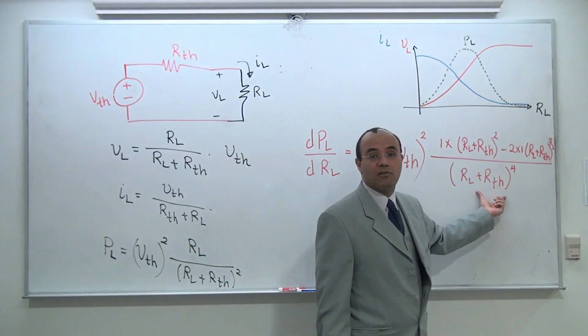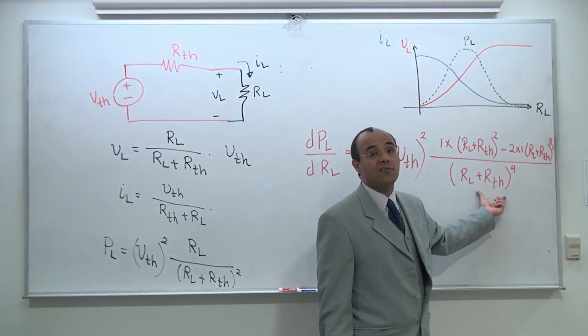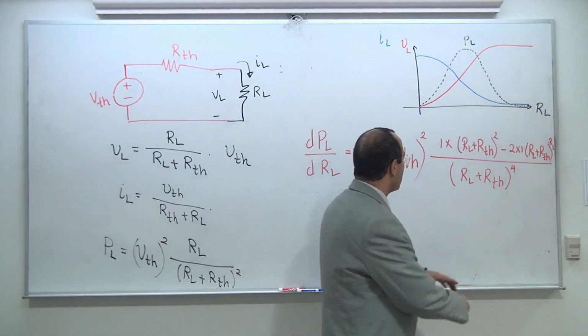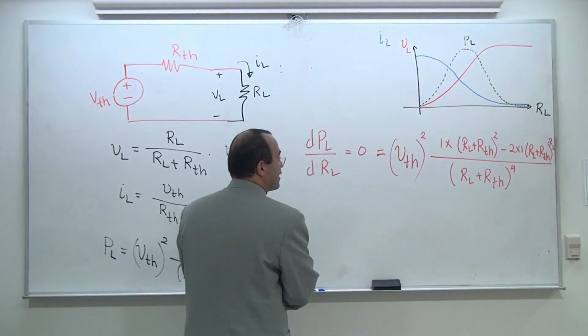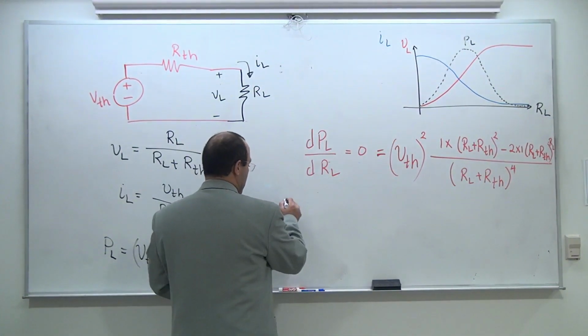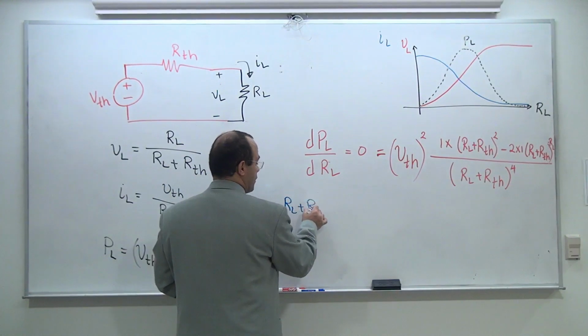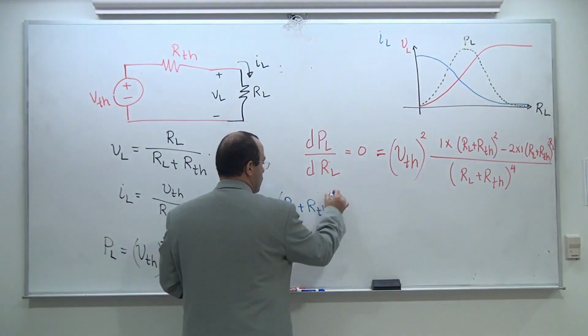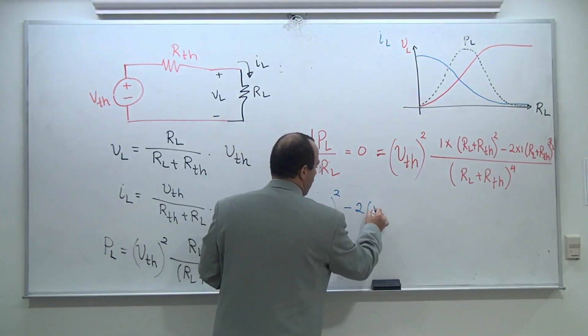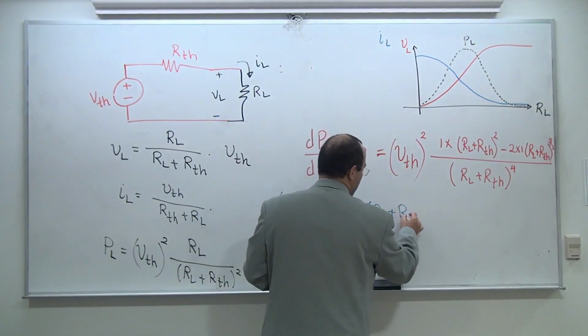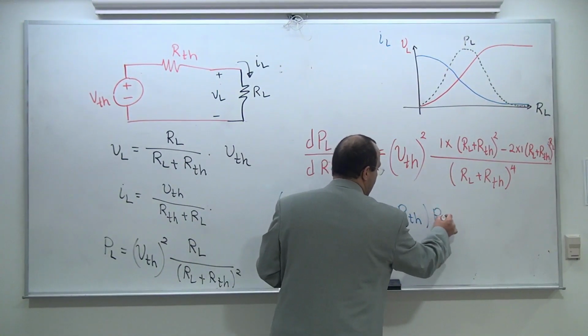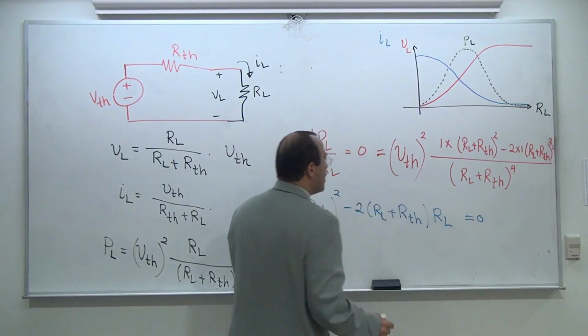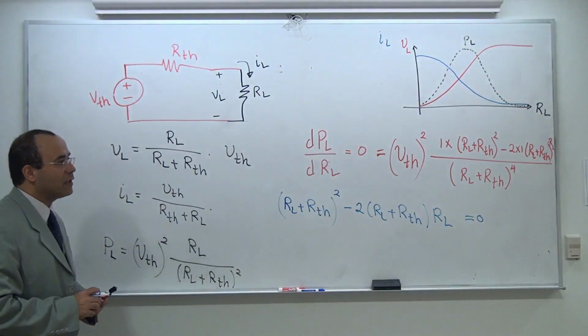Therefore, I'm not worried about the denominator. That's not the challenge. It's not singularity in one sense. So take a look at mine. Numerator: RL plus R Thevenin to the power of 2 minus 2 times RL plus R Thevenin times RL. If this is equal to 0, my derivative is going to be 0.